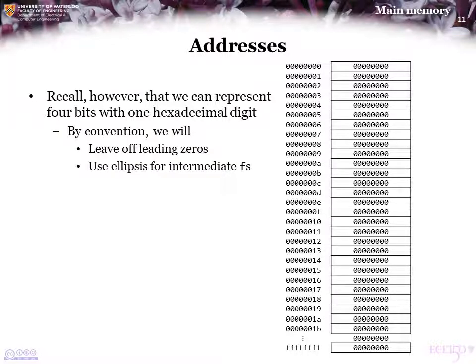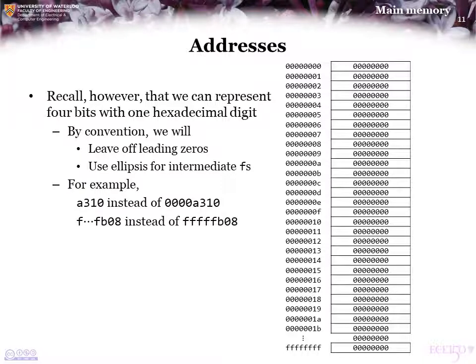Now, if we're just writing down an address, by convention, we may leave off any leading zeros, and if we have a whole bunch of leading Fs, we may just interpolate the missing intermediate Fs with an ellipsis. So, for example, instead of writing the address 0000A310, we might just write A310.